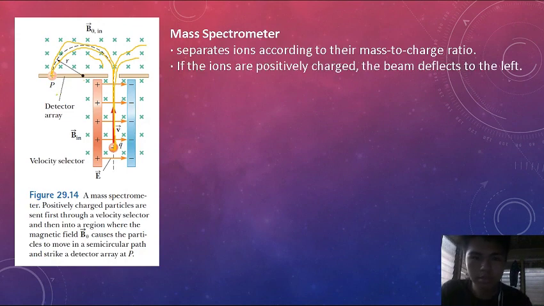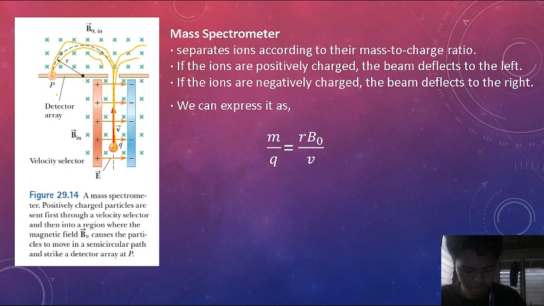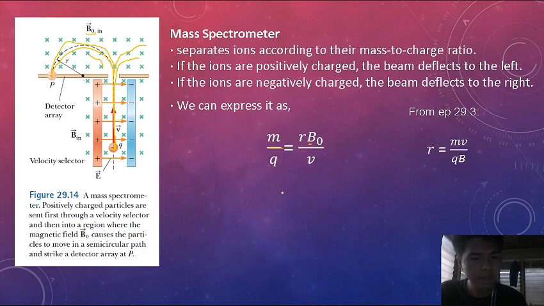So, we can express this ratio as mass over charge equals radius times magnetic field B sub 0 over velocity, which is from equation 29.3, the radius of the circular path of a particle.